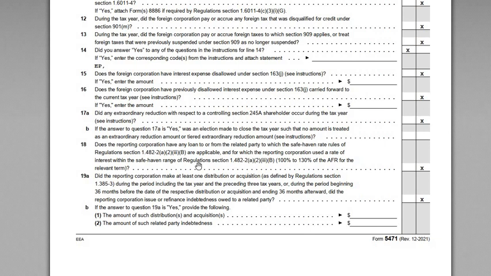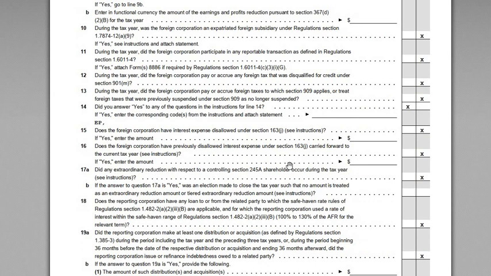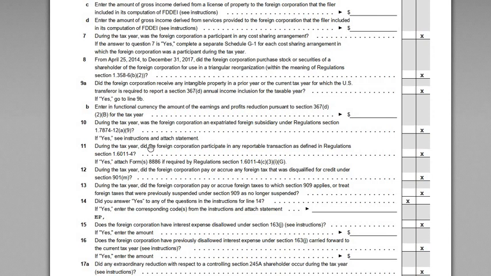Okay. And we see some other items here, right? Question 18, does the reporting corporation have any loans to or from related parties? Again, very important, right? Anytime you have related party transactions, almost always there's more disclosure required, and this is one of these questions. Okay, so that covers it for Schedule G. Again, I know I gave a high level answer and elaborated on some of these questions.